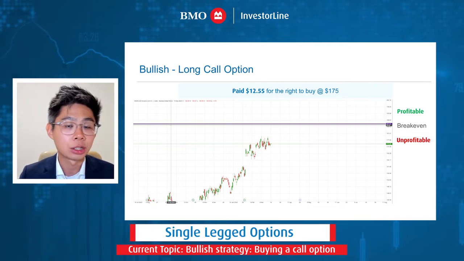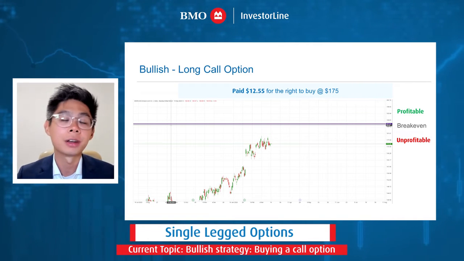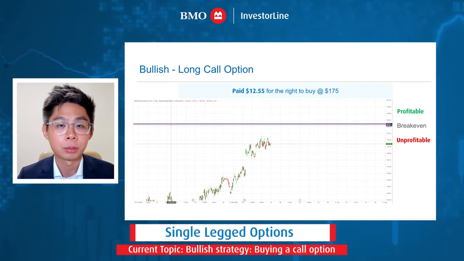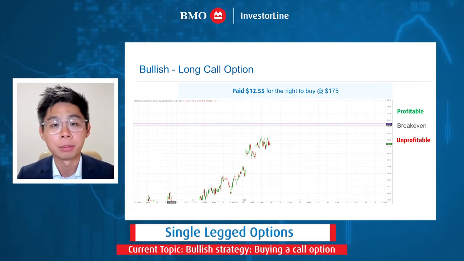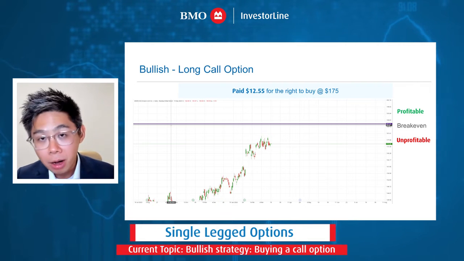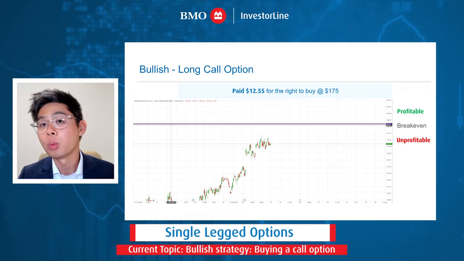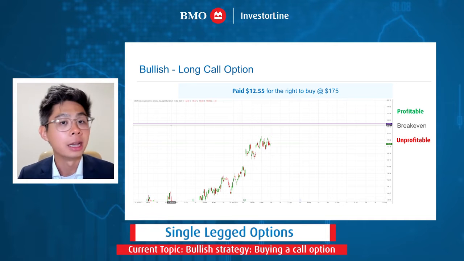So the stock has to rally by about $12.50 between now and expiration just in order for you to break even, which means that you actually have to believe the stock is going to be above $187.55, maybe at 190, 195, in order to really justify buying that call option.